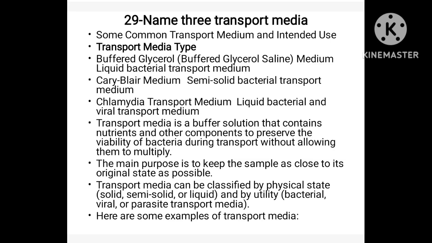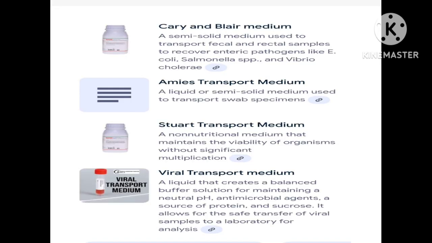Transport media can be classified by physical state, solid, semi-solid, and liquid, and by utility, bacterial, viral, parasite transport media. Here are some examples of transport media.